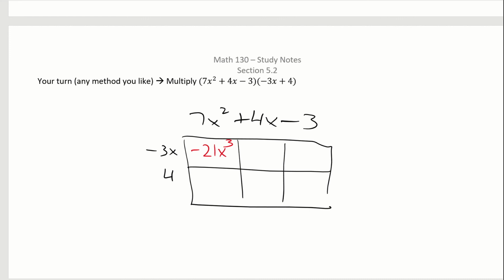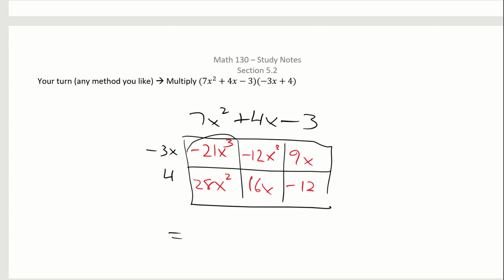Next one, minus 3 times 4 is minus 12x. X is x squared. Next one, minus 3 times minus 3 is positive 9, and then there's an x. Keep going. 4 times 7, 28, x squared. 4 times 4, 16, x. 4 times negative 3, negative 12. Okay. Let's write the answer.